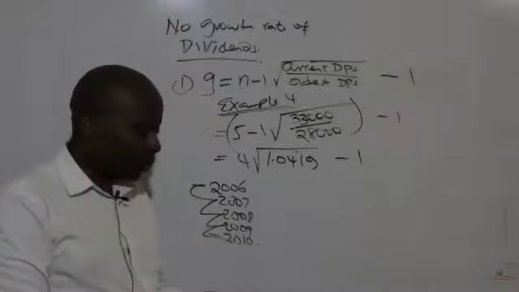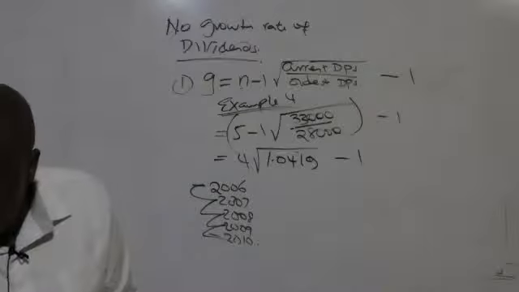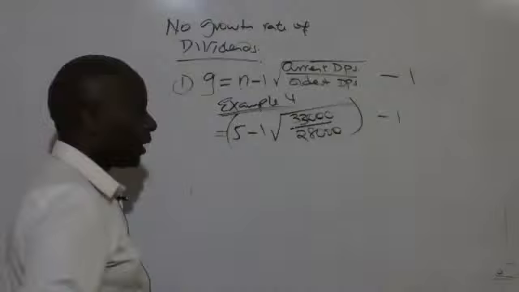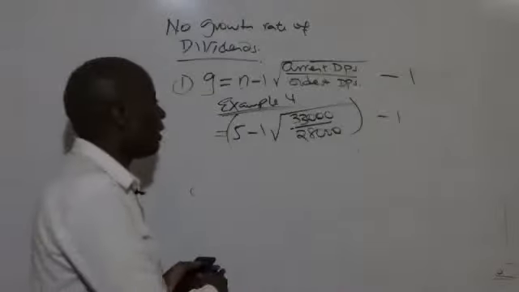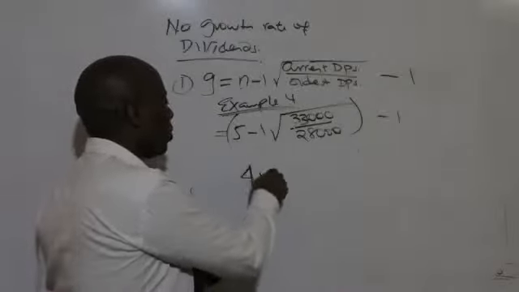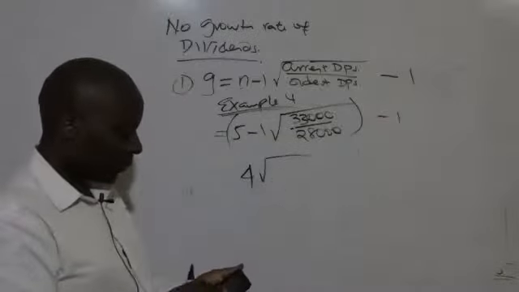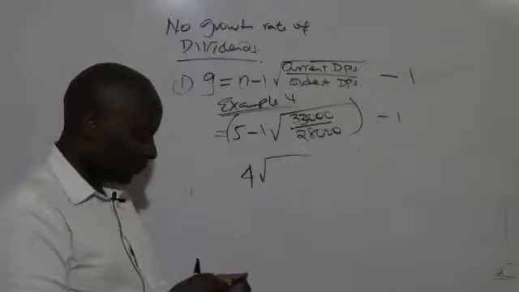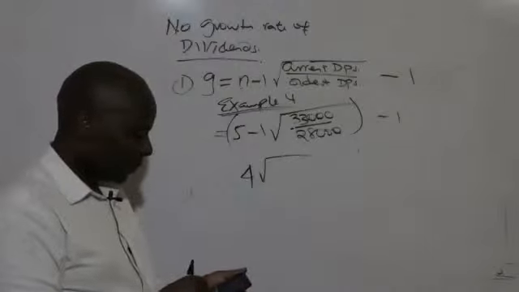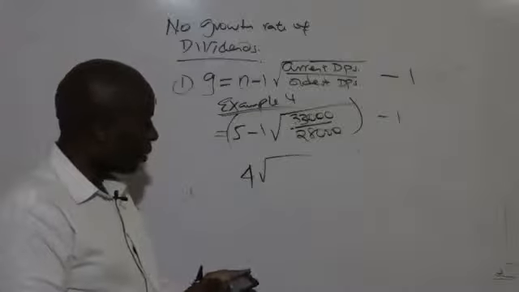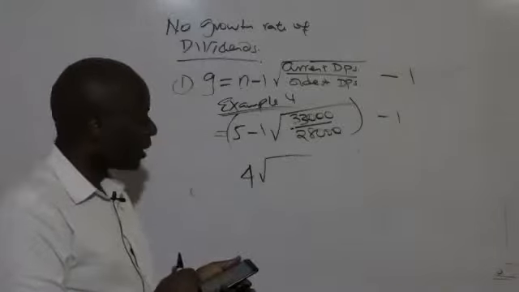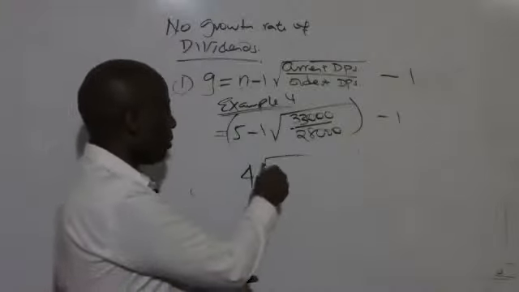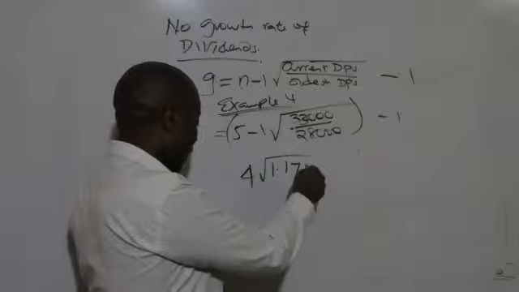I don't know how they are able to get this. Let me just use my calculator. We are saying this will be the fourth root of 33,000 divided by 28,000, which equals 1.1786.